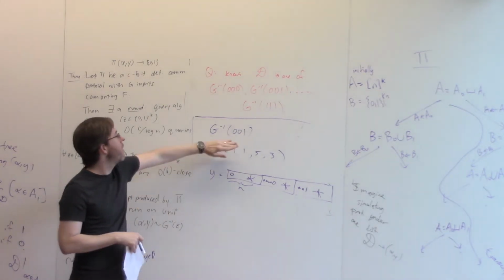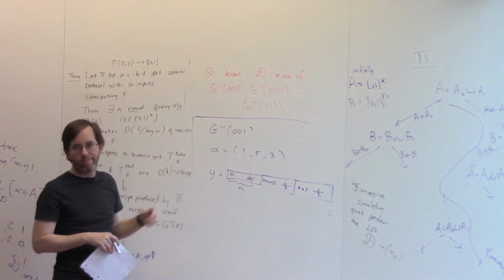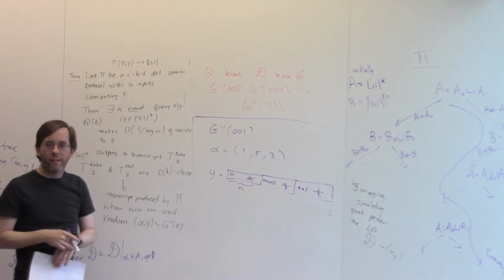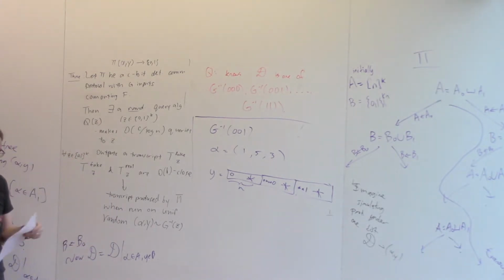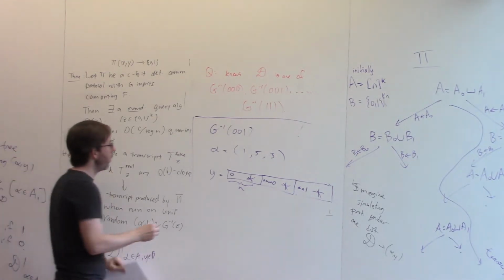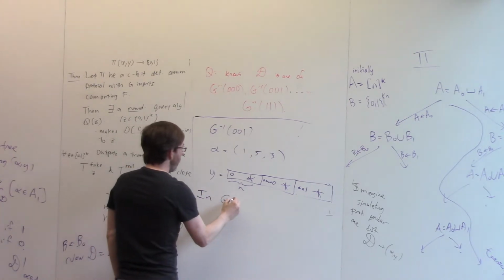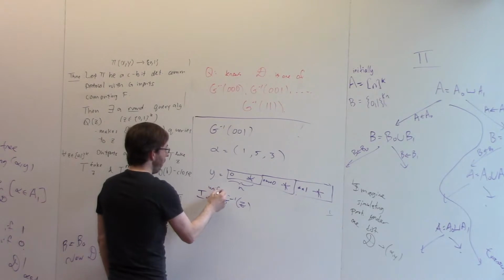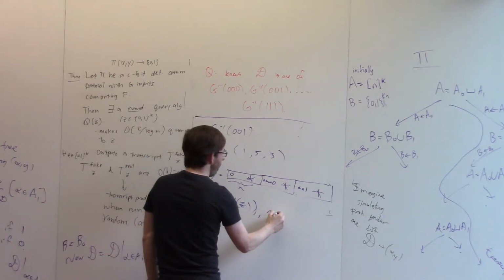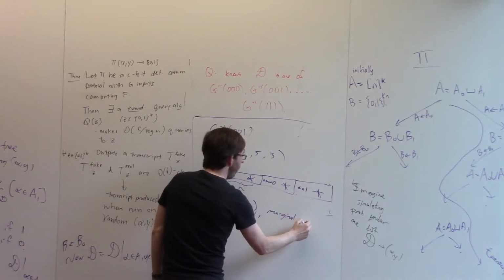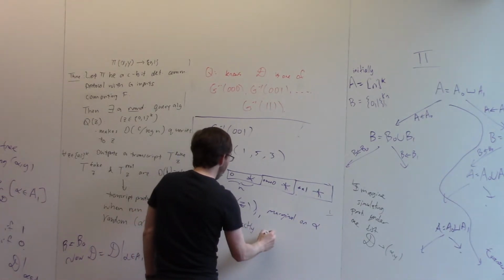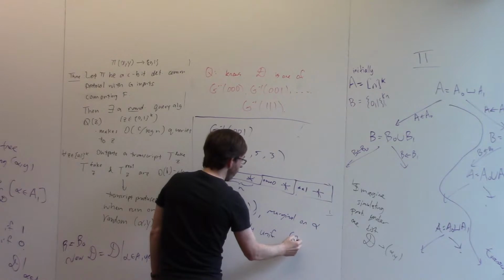Or, if I tell you Z is this, what is the most likely alpha? They're all equally likely. It's the uniform distribution. And that's great. In G inverse Z, the marginal on alpha is exactly uniform, and this is independent of Z.